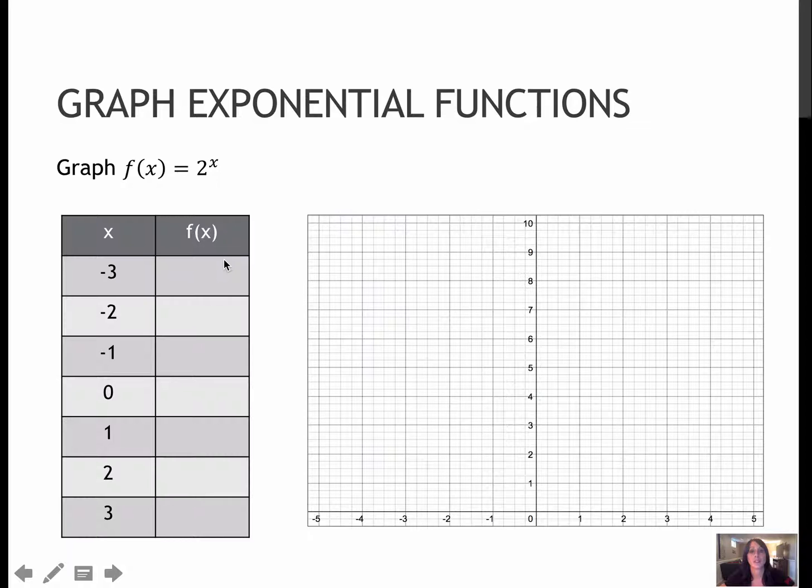So we're going to graph a couple of these. Again, we're taking the x value that we've made up and plugging it in.